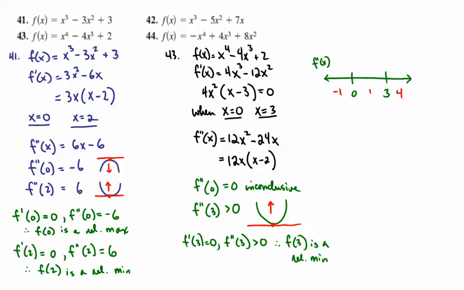Now, we need to plug into the factored form of the first derivative. At -1, we're going to get negative. At +1, we're also going to have negative. And at 4, we're going to have a positive, which means that at x equals 3, there is a relative min, down, down, up.